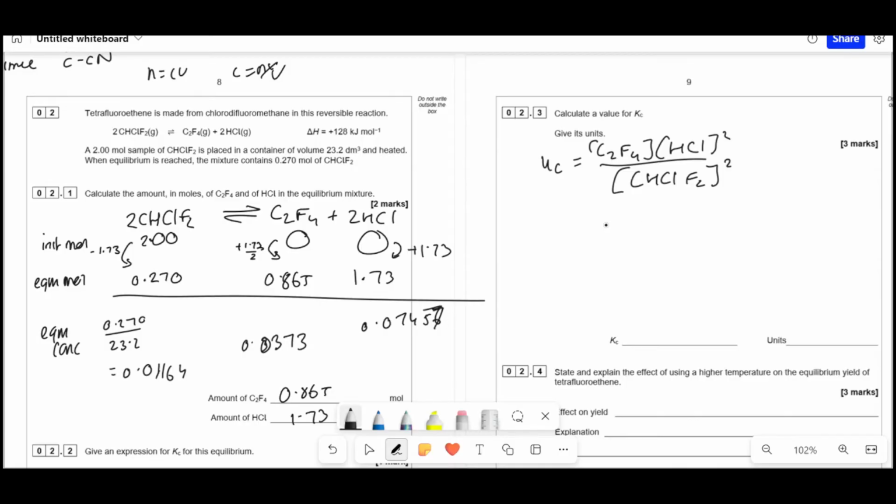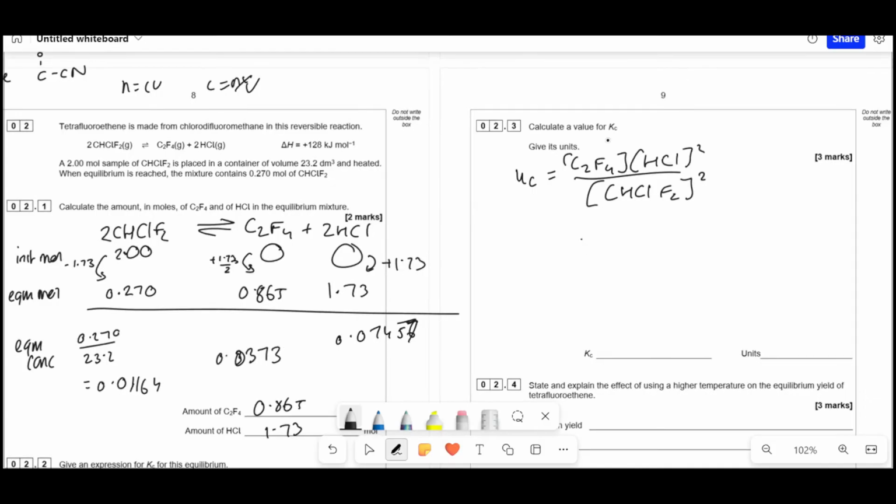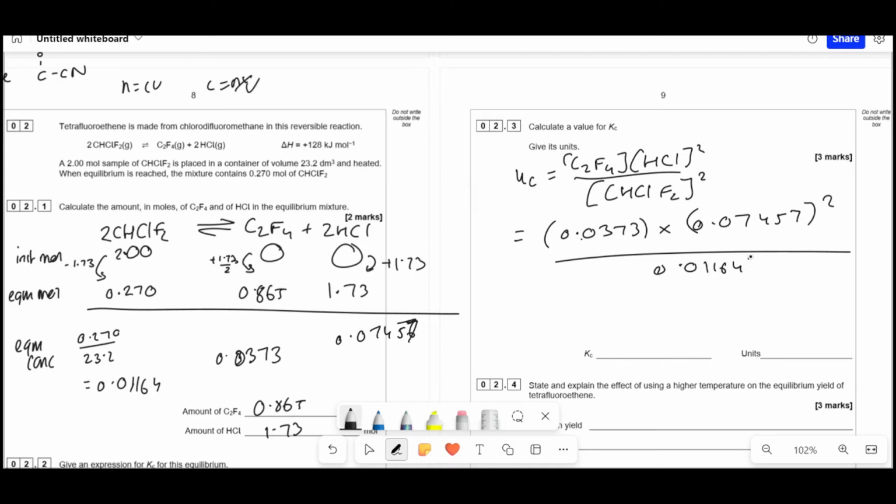Then to work out Kc, all you do is plug in the numbers that you've now worked out, because these are concentrations. So C2F4 is 0.0373 times the HCl squared, which is 0.07457 squared, all divided by the CHClF2 squared, so 0.01164 squared.